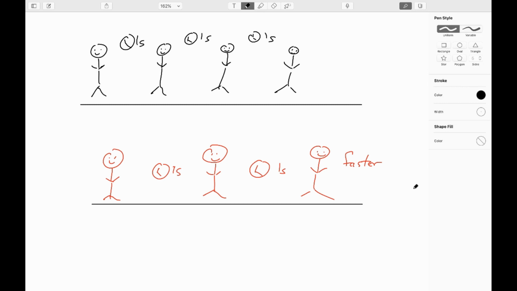So for now, if we say no rotations for now, we can completely represent the motion by just plain putting a dot at your center of mass.